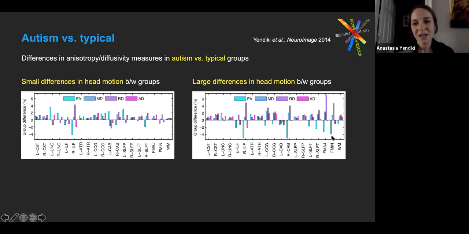This makes sense because when the axial goes down and the radial goes up, the two become more similar, and hence the anisotropy becomes lower. And these differences, which had to do with whether there was a large difference in head motion between groups or not, were more severe for some tracts than others. For the forceps major and minor of the corpus callosum, as well as for the cingulum bundle, we found that this effect was more pronounced.